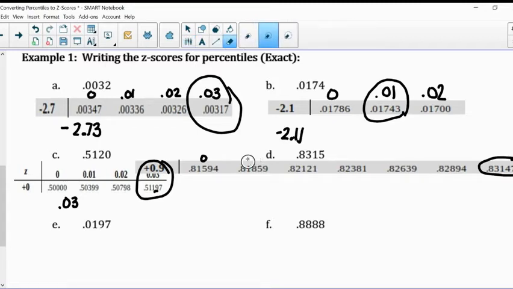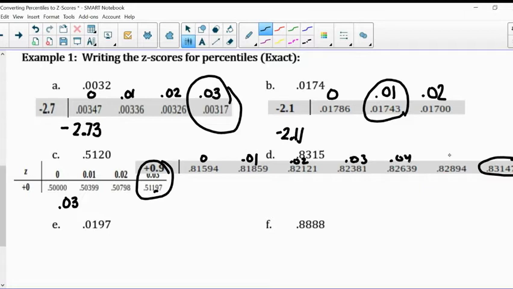What did I just write there? 0.01, 0.02, 0.03, 0.04. Of course, it's easier for you because you have the entire table by you, 0.06. So this is 0.9, if I erase my little circle that I had here. It's 0.9, and then there's a 6. So the z-score value would be 0.96.